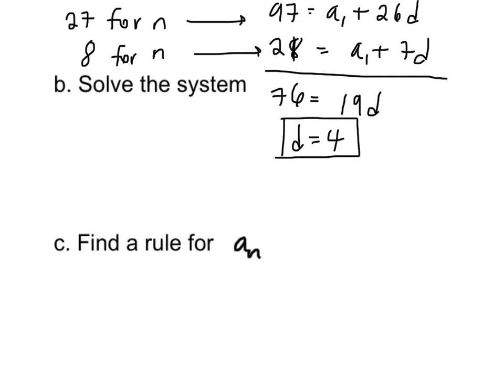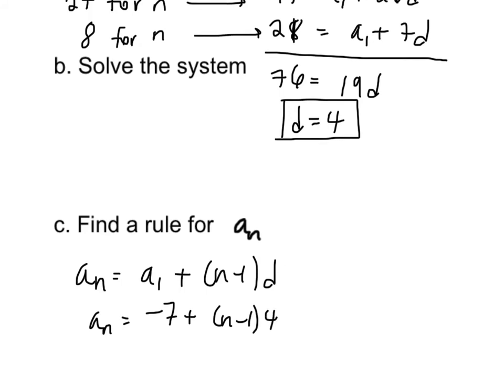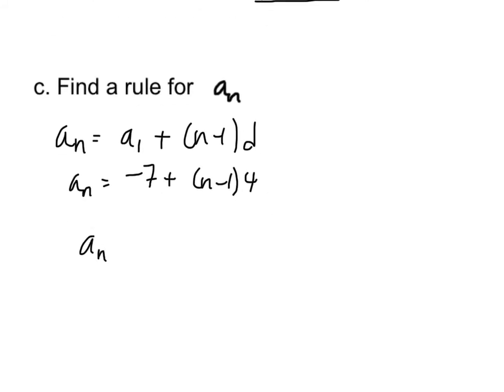Next, we're going to plug this into our equation of a sub n equals a sub 1 plus n minus 1 times d, plugging in values for a sub 1 and d. So a sub n equals negative 7 plus n minus 1 times 4. So a sub n equals negative 11 plus 4n.